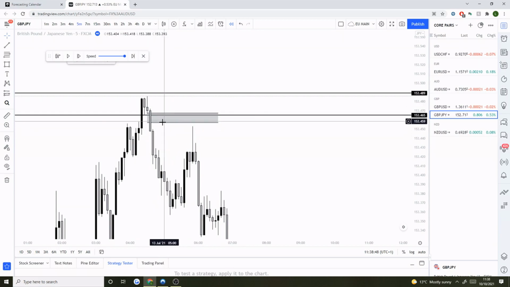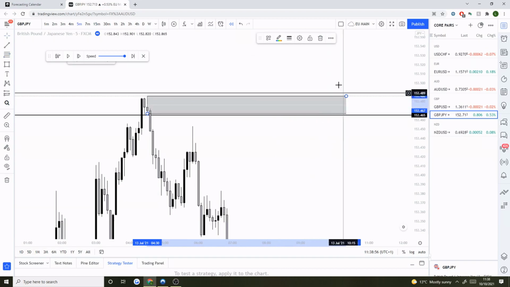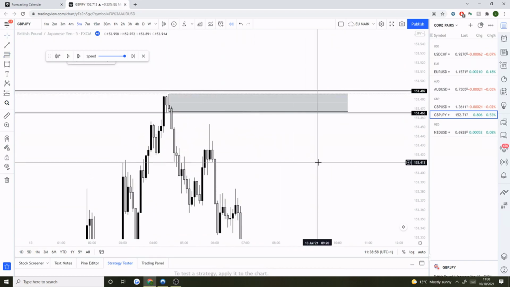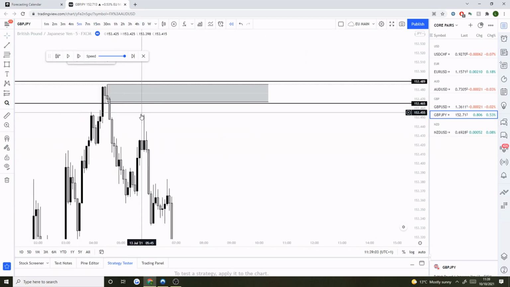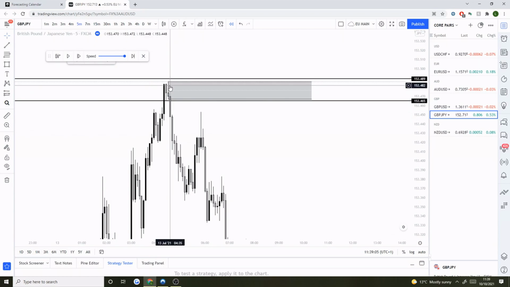And on top of that, this wick here grabs liquidity from the previous candle above it. So this is the complete origin point of the whole daily move, and since then this point hasn't been revisited. So really there's still an unmitigated order block at the high up here which hasn't been taken out by price.